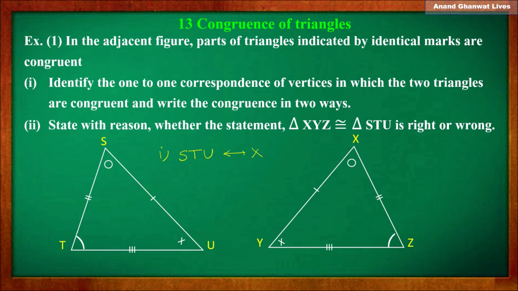Then angle U is congruent with angle Y. Therefore, U is one-to-one correspondence with Y. And angle T is congruent with angle Z. Therefore, STU is one-to-one correspondence with XZY.